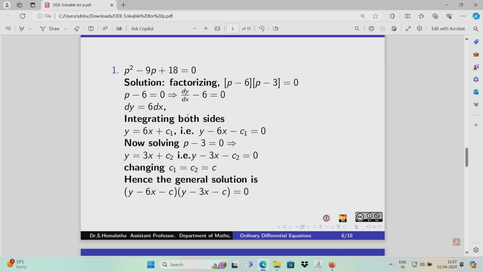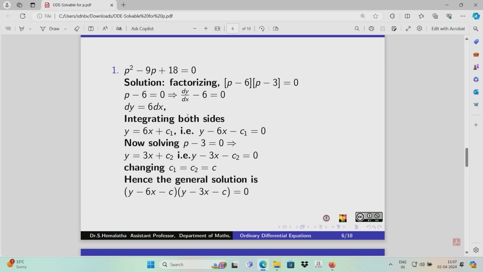So we apply a factorizing technique and put it into two linear factors: p minus 6 product p minus 3 equals 0. As discussed in the working rule, we equate each of these to 0. We have p minus 6 equals 0; convert p to the original dy by dx format and separate variables, and you get dy equals 6 dx.